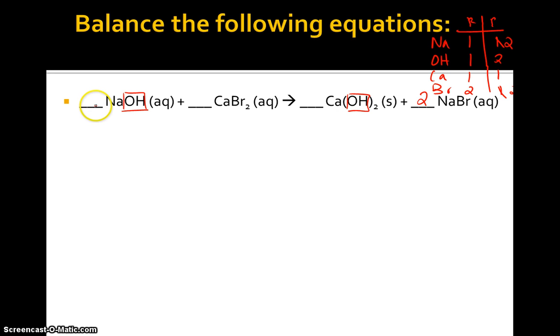So I'm going to come over here to my reactant side, and I'm going to put a 2 in front of my NaOH. So I've got 2 Nas, and now I've got 2 OHs. And if I look at my inventory, I'm now balanced. I've got 2 Nas on both sides, 2 OHs on both sides, 1 Ca on each side, and 2 Brs on each side. So it's just kind of a guess and check system until you get all your atoms balanced.